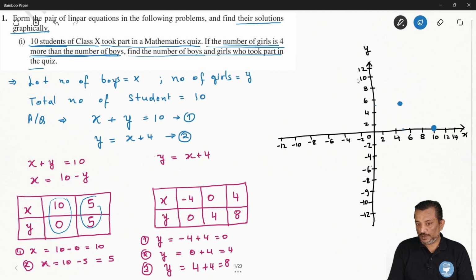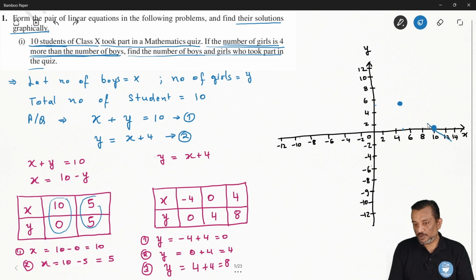Okay, now you can join this line with the help of a ruler. So I don't have a ruler, so I'm just doing it free hand. Okay, so आप make sure आप ruler का इस्तेमाल करना. ठीक है, क्योंकि लीनियर इक्वेशन है, so we have to always use the scale because a linear equation forms a straight line. तो उसके बेसिस पे आपको ग्राफ बनाने हैं.